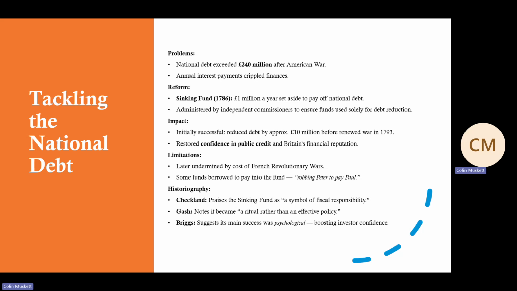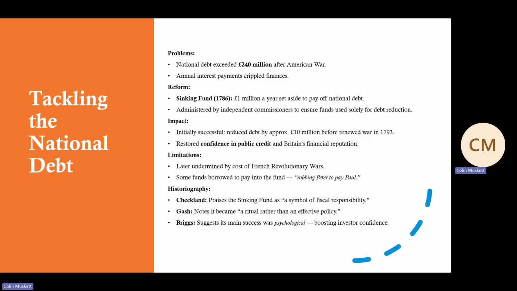It was successful in peacetime, but of course it was not successful in a time of war. So when the wars with revolutionary France began in the 1790s, this was something that couldn't really cope with the stresses and the expenditure of war. But certainly as a peacetime policy, the consensus amongst historians is that it was very successful.